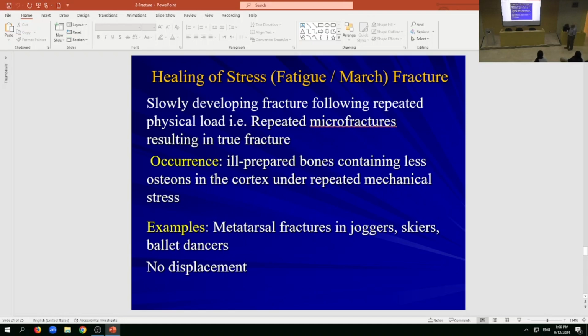I still have seven minutes. March fracture. This has been observed in joggers, skiers, ballet dancers. You find this stress fracture in them because they put so much pressure on certain parts of the bone.